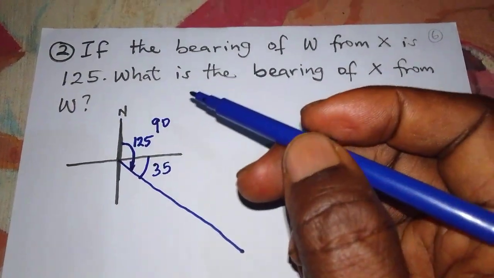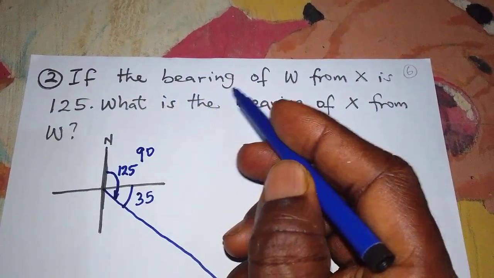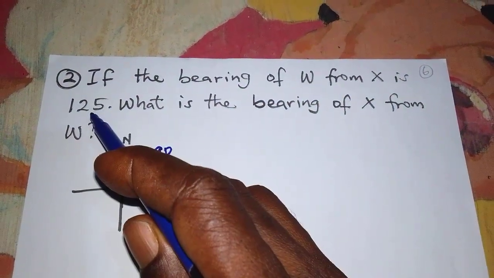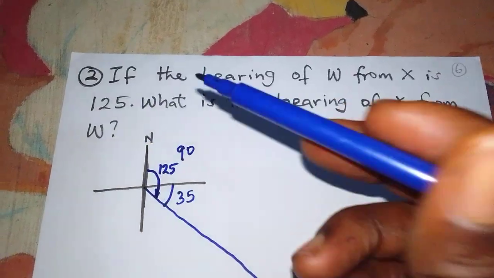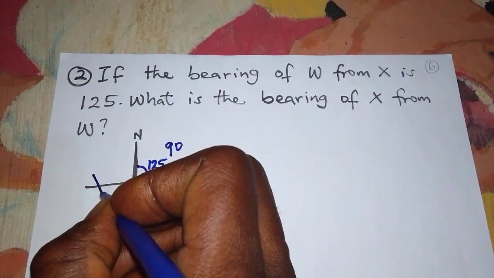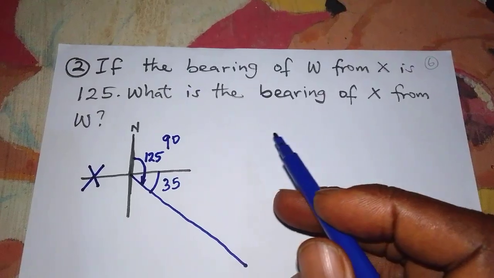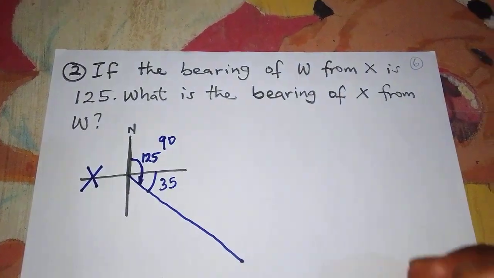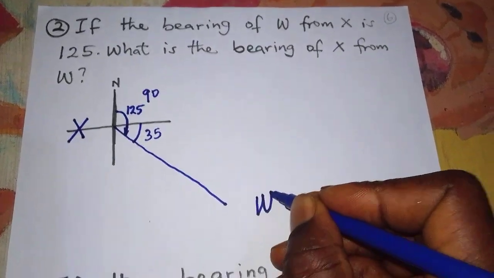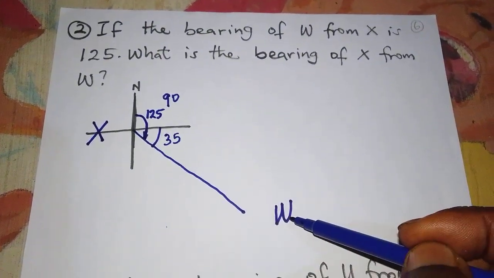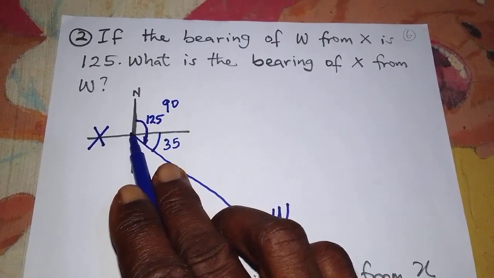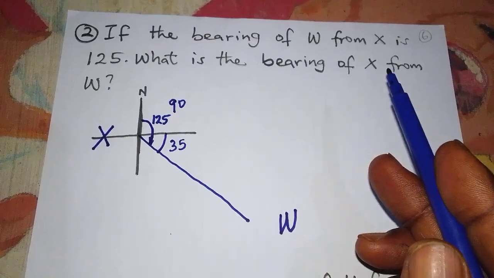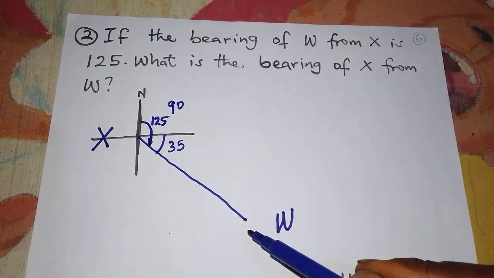Now let's go back to the question, which says if the bearing of W from X is 125 degrees. That means this point is X, and this place will be W. If the bearing of W from this place X is 125 degrees, what is the bearing of X from W?